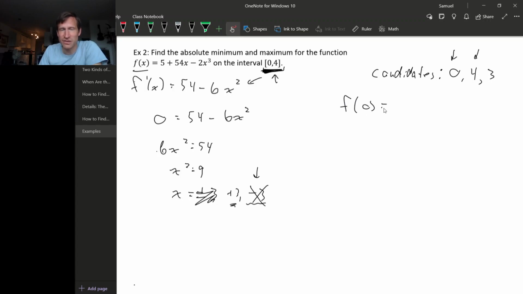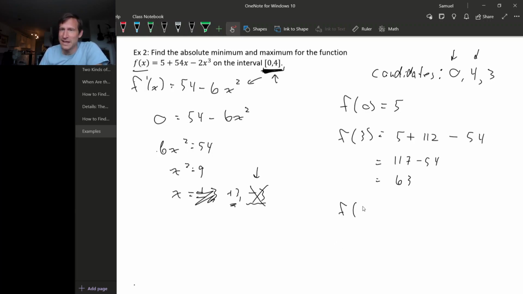So f of 0, that's 5. f of 3, that's 5 plus 162 minus 3 cubed is 27 times 2 is 54. Okay, so 167 minus 54, so that's going to be 113. Is that right? Yes.